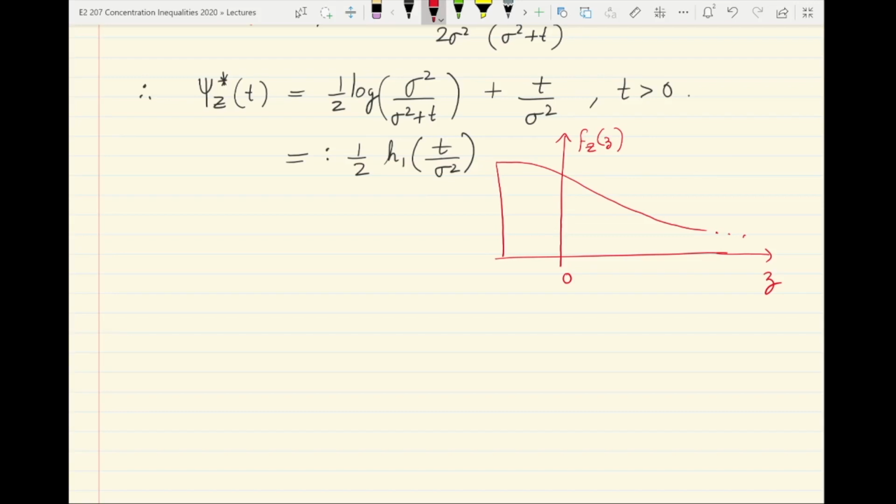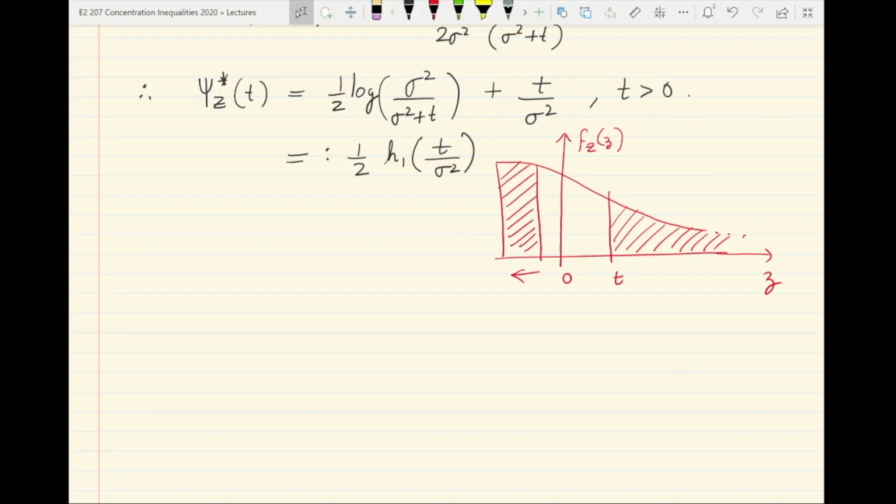The Chernoff bound essentially allows us to bound the tail probability of the random variable going to the right of this number t. Now what about the left tail? How does the left tail look?